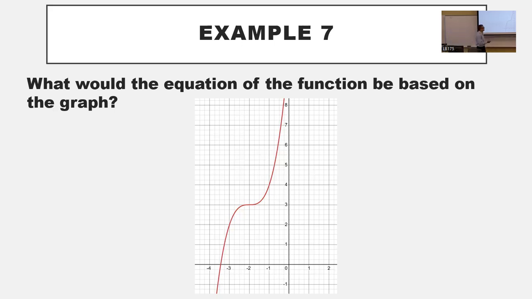So you can look at this graph and say, this looks like a shift of the base function f of x equals x raised to the third power. And it's going in the right direction, so it hasn't been flipped across the x-axis or y-axis.